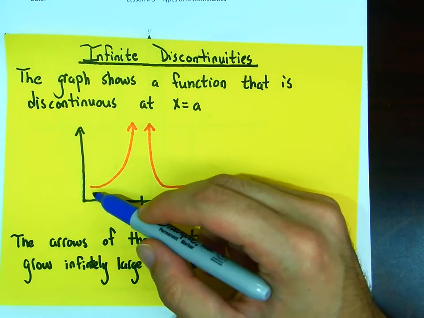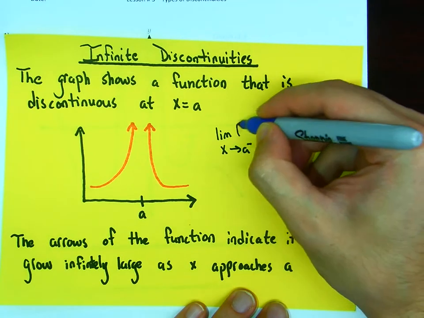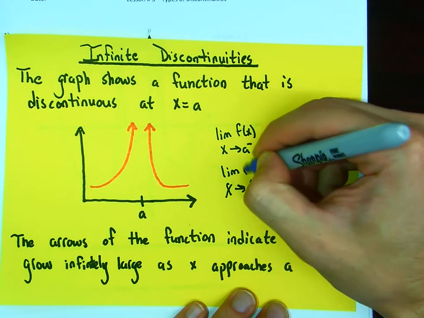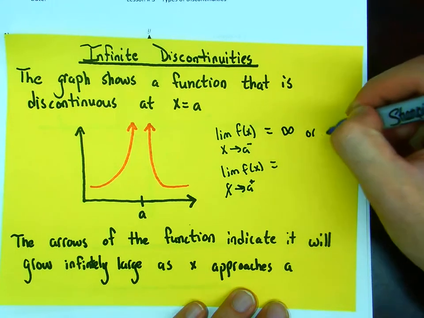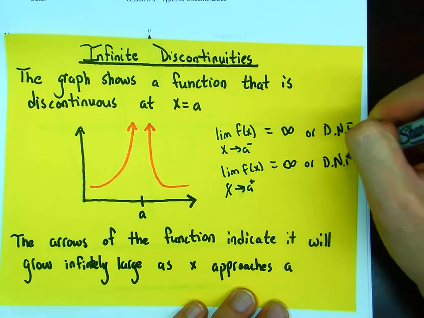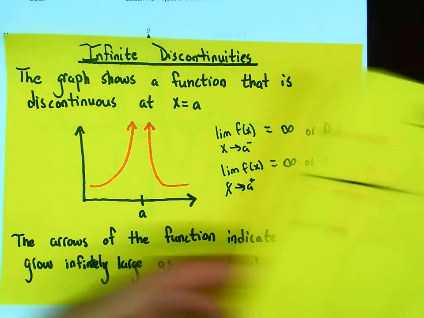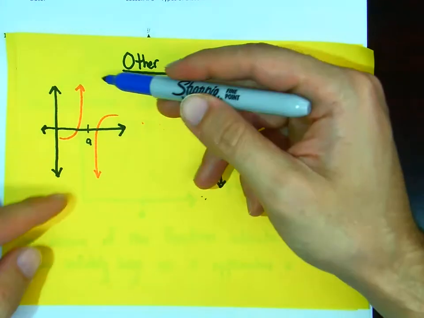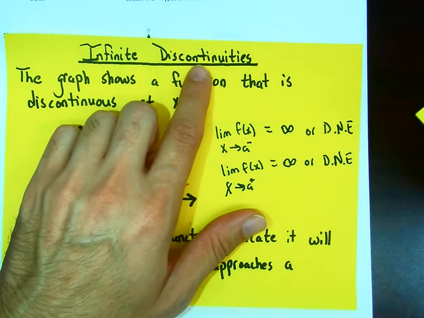So the limit as x approaches a from the left of f of x, and the limit as x approaches a from the right of f of x, from the left it's going to infinity or does not exist, and same thing from the right. Whenever the limits go to the positive infinities, or one goes to the positive and one to the negative infinity, or both go to the negative infinity, we say we have an infinite discontinuity.